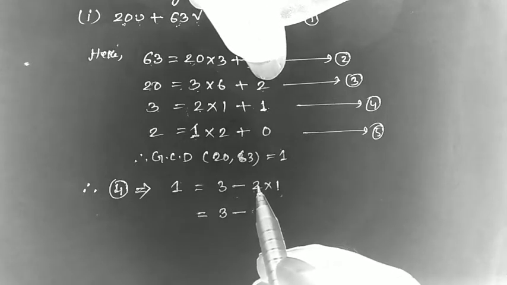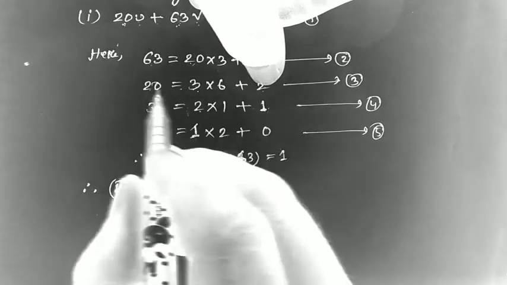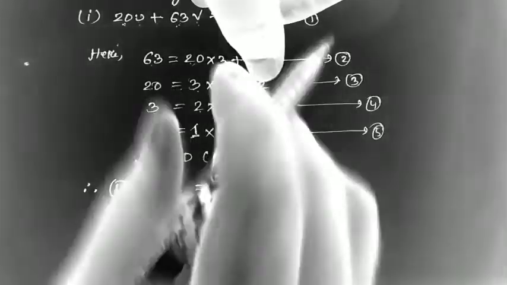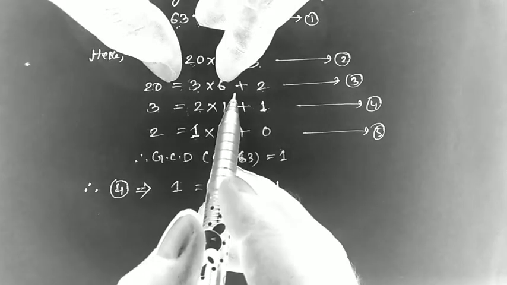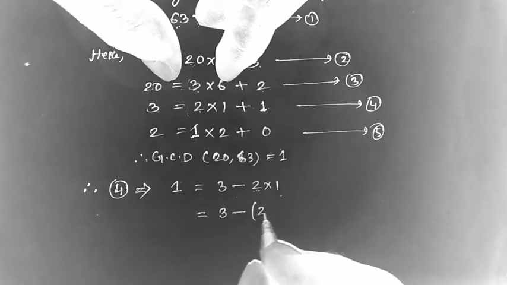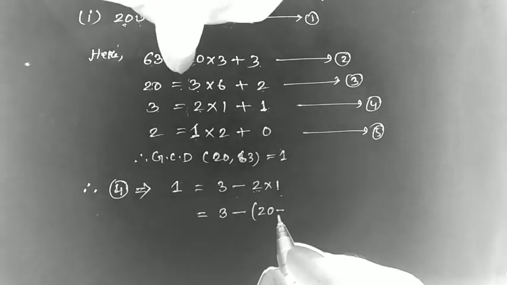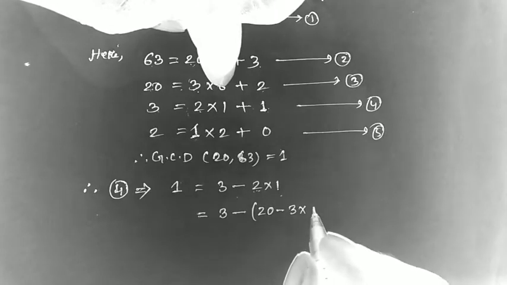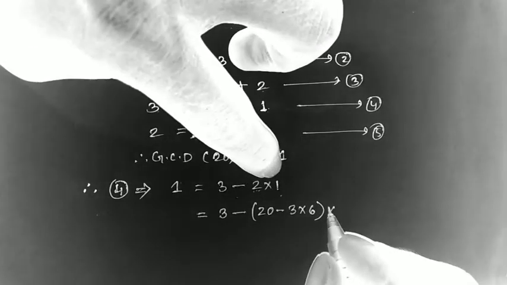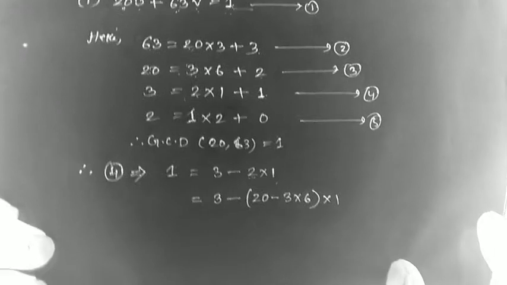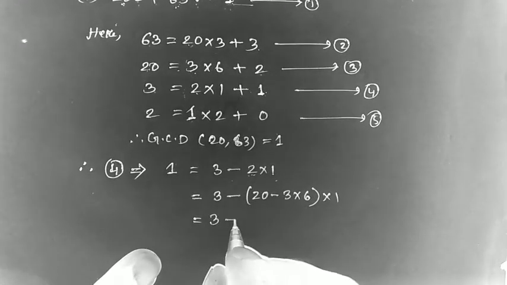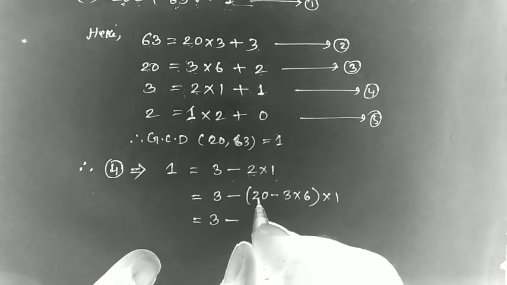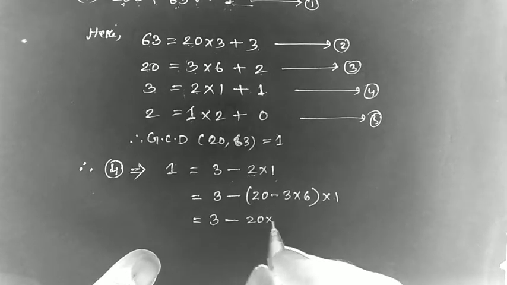Why am I taking this equation? Because we have got GCD 1. So 1 is equal to 3 minus 2 into 1, which is nothing but the simplification of equation number 4. The 1 will remain the same.